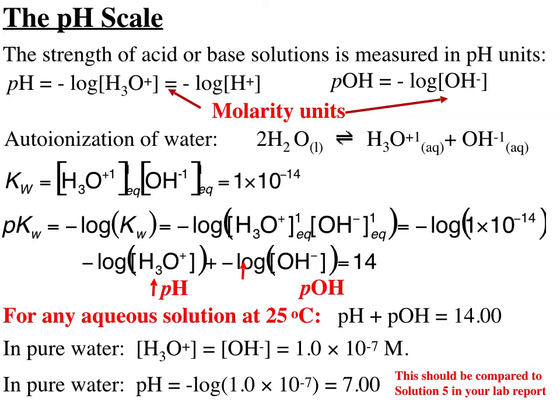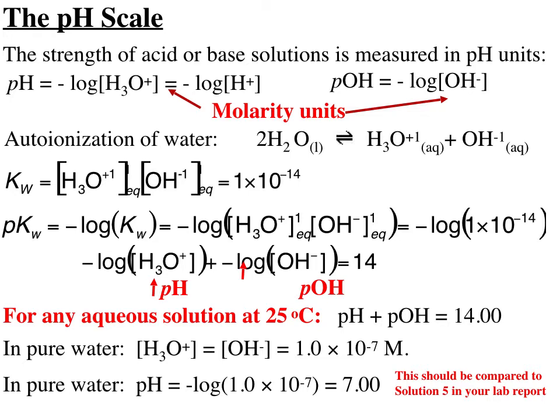A pH 6 solution is 1 unit less. It has an H3O plus of 10 to the minus 6. A pH 5 solution has an H3O plus of 10 to the minus 5. A pH 4 has a hydronium of 10 to the minus 4, and so forth.